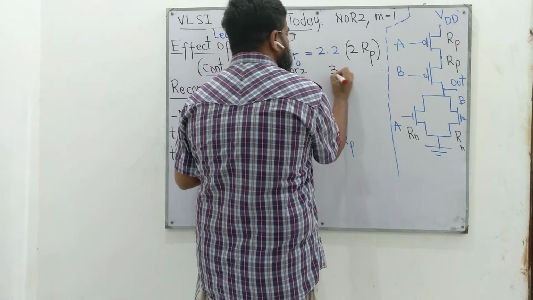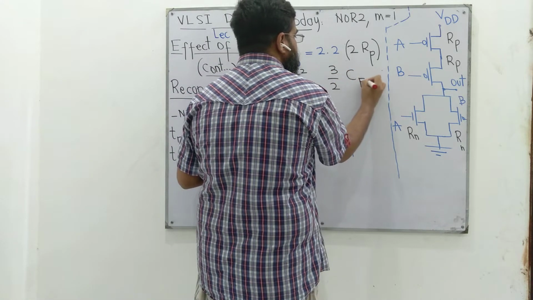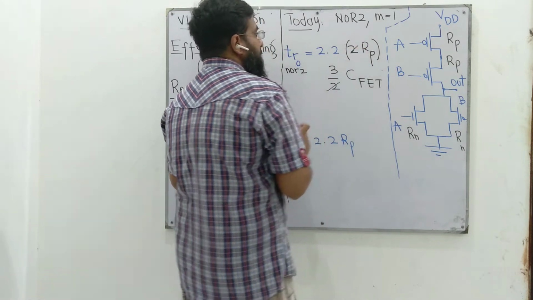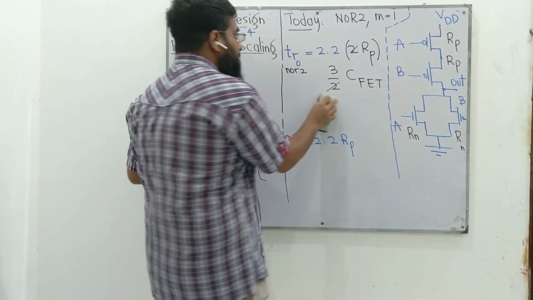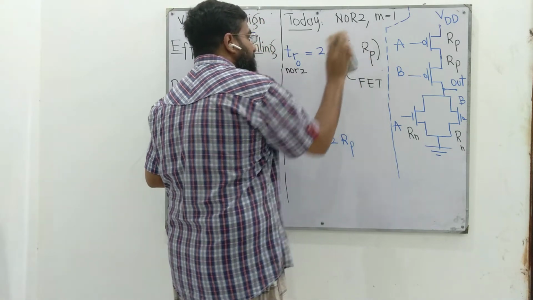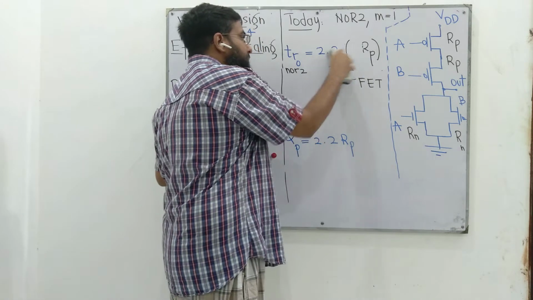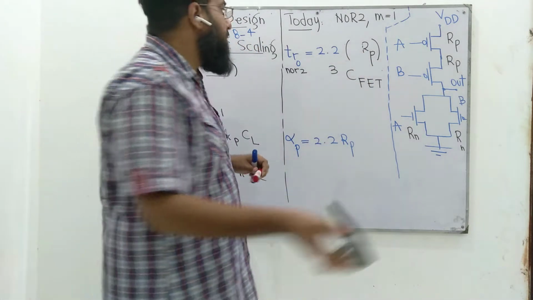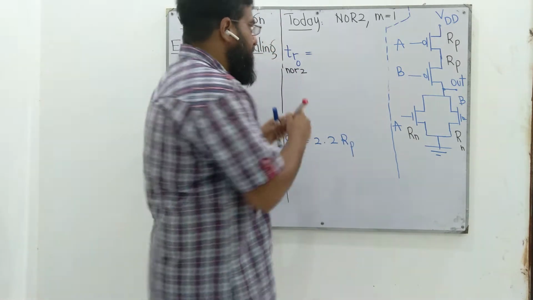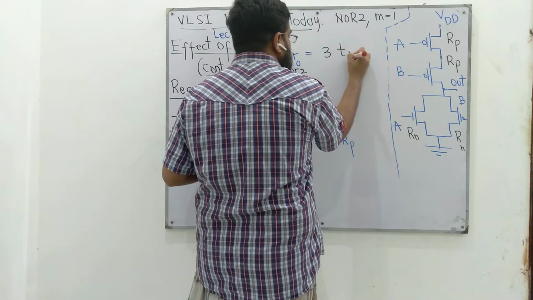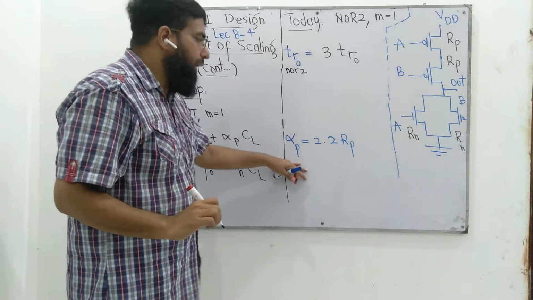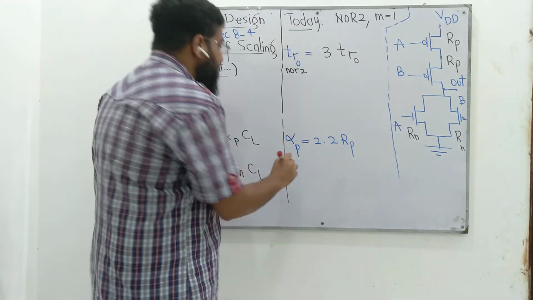So this is 3 by 2 times CFET. This 2 cancels with this 2, so we are left with this factor 3. So this whole 2.2 Rp CFET is TR0, so this is 3 times TR0.